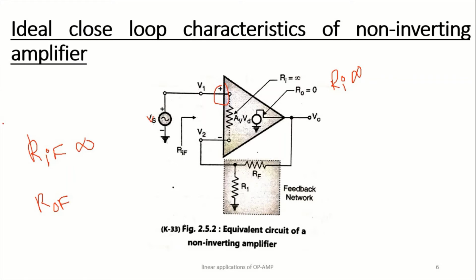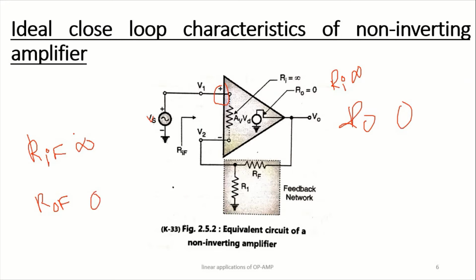Now the closed loop output resistance ROF. As an ideal op-amp is being used, the output resistance R0 is 0. For an ideal op-amp R0 is 0. Hence the output resistance of the closed loop also is 0. So ROF is also 0.